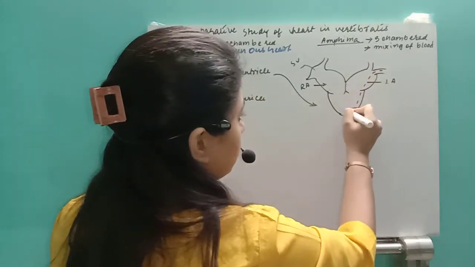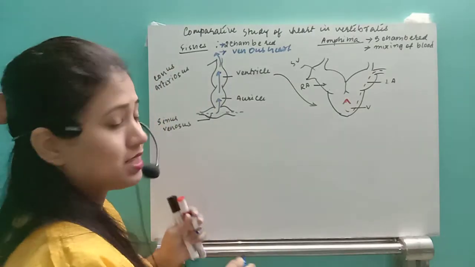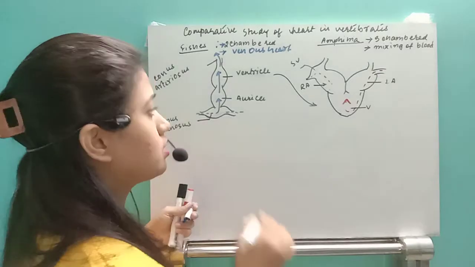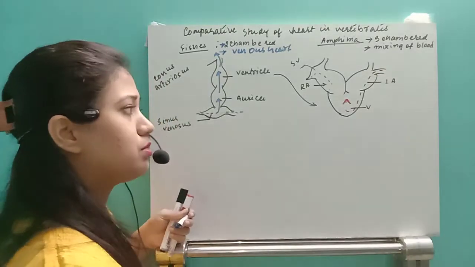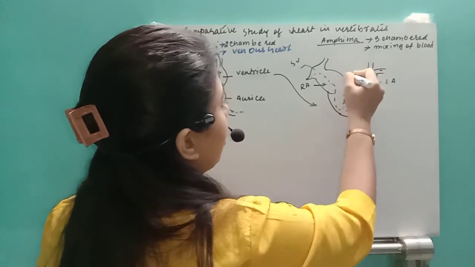Now to see what is happening: from the left side the oxygenated blood will enter, and from the right side deoxygenated blood will enter via the sinus venosus into the right atrium, and from the right atrium to the ventricle, and from the ventricle it will go outside.